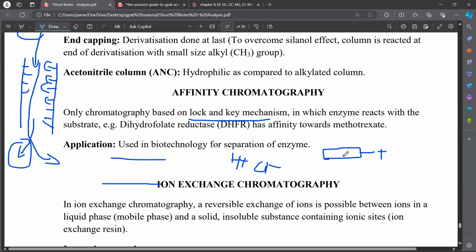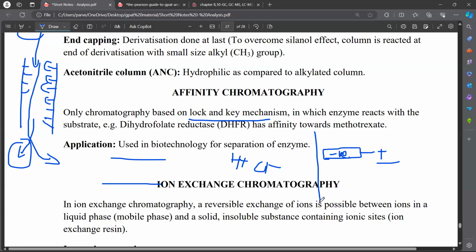In cationic resin, the mobile ions are positive in nature. No, no, Vivek, it's not positive. In cationic resin, the resin is negative in nature, while the mobile ions are positive in nature.